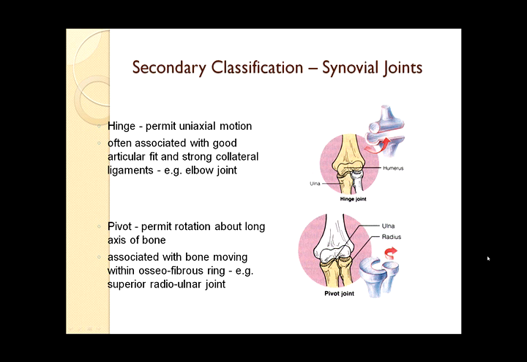A pivot joint is a joint that allows rotation about the long axis of the bone. For example, the superior and inferior radioulnar joints. In the superior radioulnar joint, we have an osteoligamentous ring that sits around the head of the radius. That then allows the radius to rotate about its long axis.